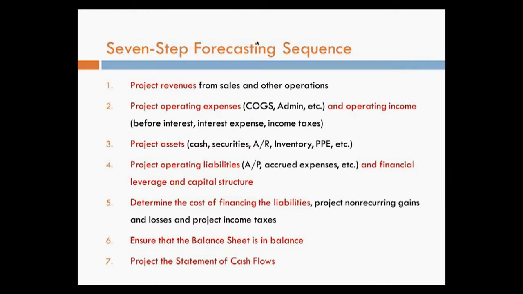We went through these 7 steps already. You project revenues, then you project expenses, then you project assets and liabilities. You project interest expenses, then you balance the balance sheet and make sure it balances with the income statement, and then you do cash flows.